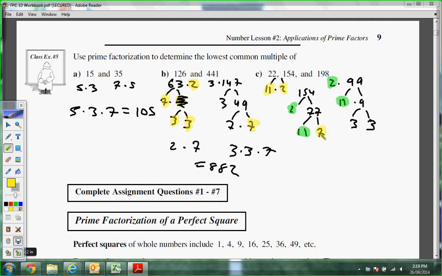Does not have a 7, and then 2 3s. Okay. So this one we're going to be at 2 times 11 times 7 times 3 times 3. Yep. So this one's LCM is 1386.